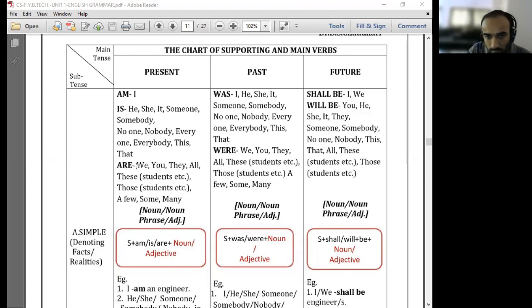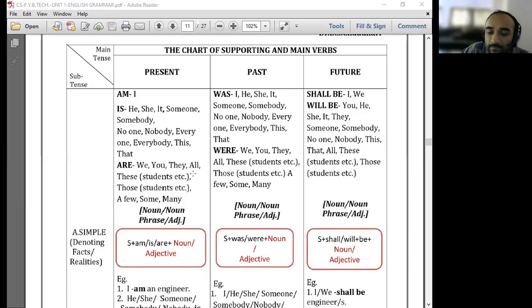So let's see that this is are, which is the auxiliary verb. And we, you, they, all, these, those, a few, some, many, these are the subjects. Just consider them as the subjects.